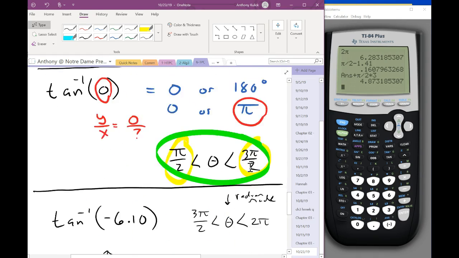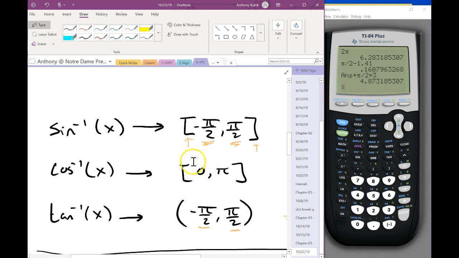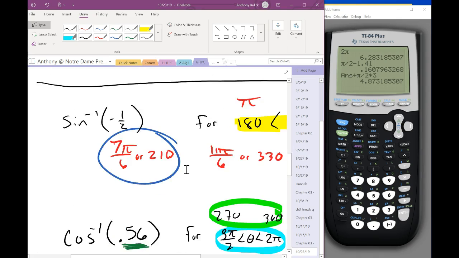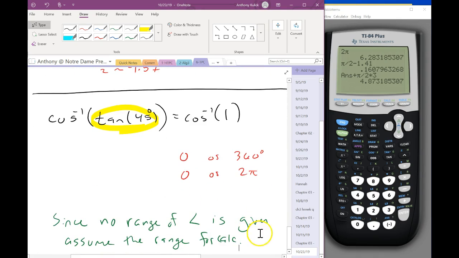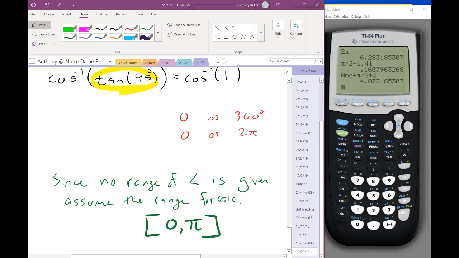We said the range for cosine inverse is 0 to pi. So which of these do I want? 0 or 360? I want the 0 degrees.